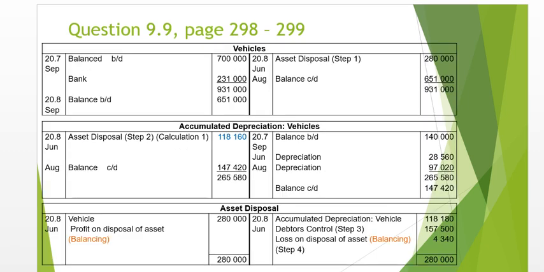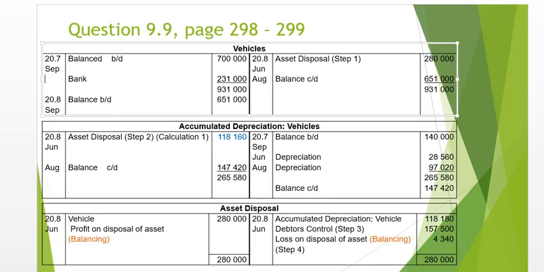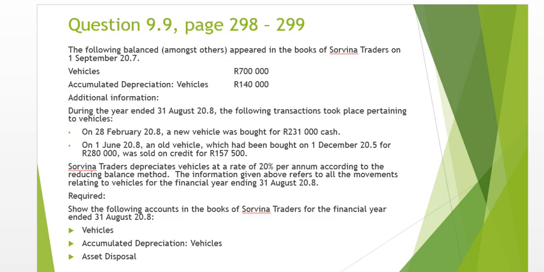On the 28th of Feb, we're going to debit our vehicles account 231,000 Rand, because our vehicles increased in value, and we bought a new vehicle for cash, so we paid from our bank account. Okay, so that's recording the new vehicle which we bought.